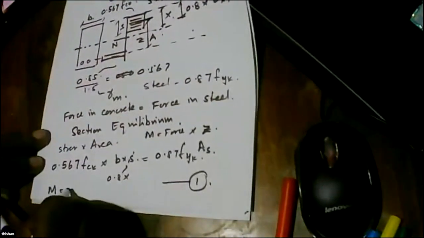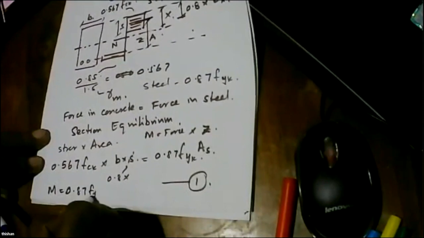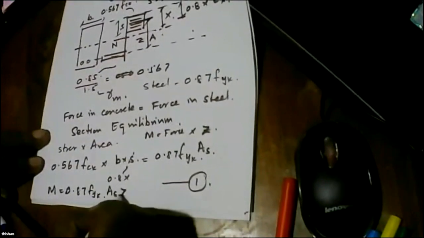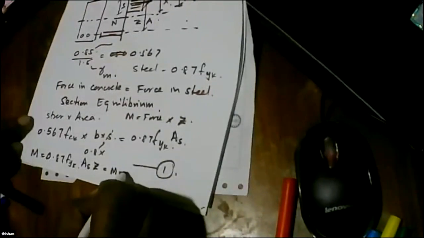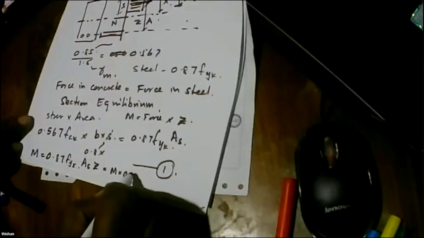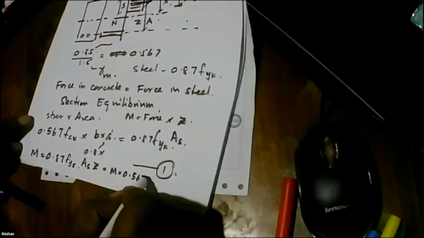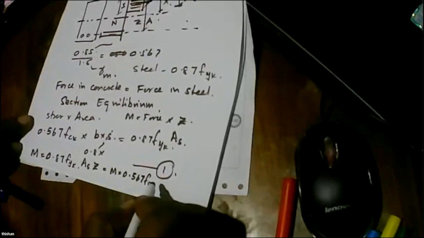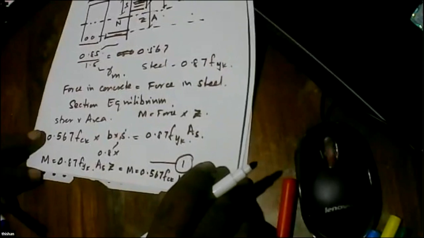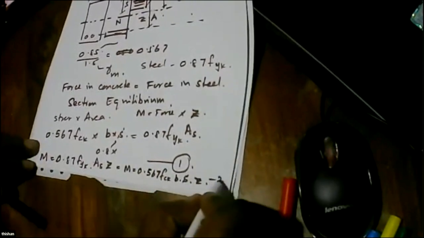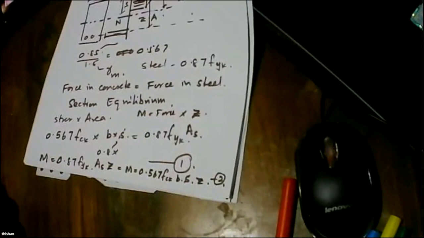From the center of this to this is the lever arm Z. So M is equal to 0.87 FYK times As times Z, or we can say M is equal to 0.567 FCK times B times S times Z. So that is the second equation. So only two equations are there.